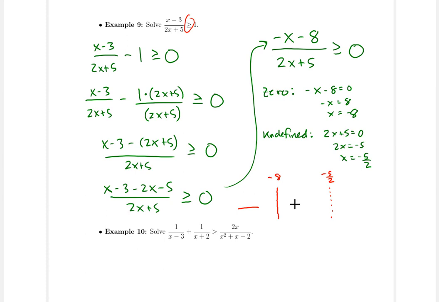Plugging in something in here, this should be positive. And then when I'm over here, this should be negative again. So that gives me, what did I want? I wanted this to be greater than or equal to 0. So that means I want from negative 8 bracket up to negative 5 halves parentheses.